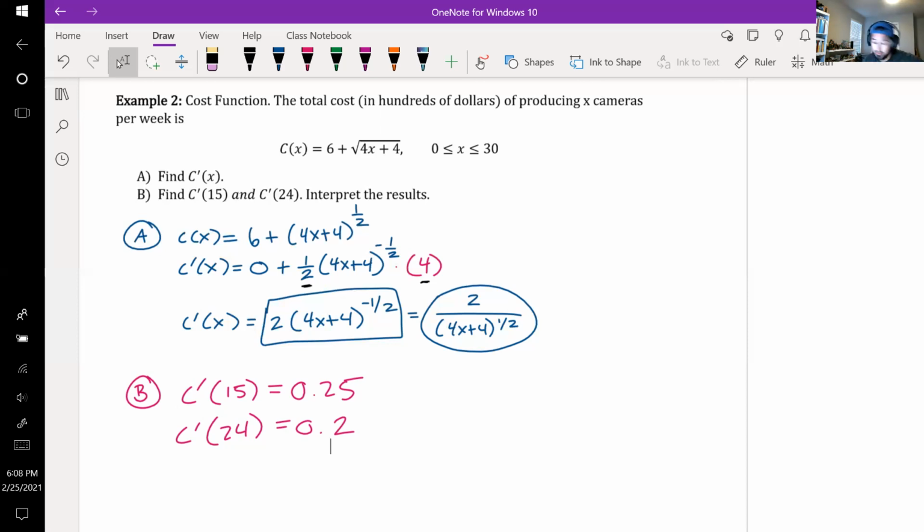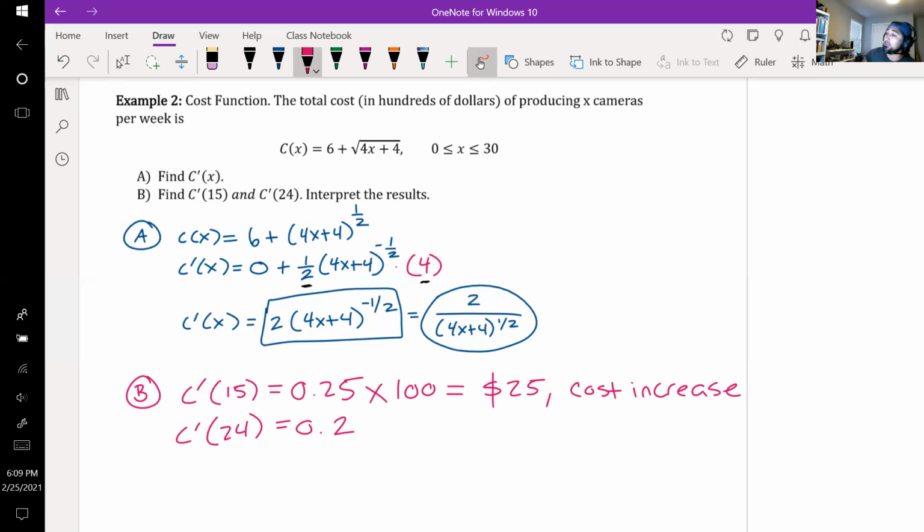It's a positive output. So this means that if we produce 15 cameras, cost is going to increase because it's a positive output. But remember that cost is in hundreds of dollars. So cost isn't increasing by 25 cents. Cost is increasing by how much money? Just $25, right? So if we produce 15 cameras, the cost will increase by $25 per camera.